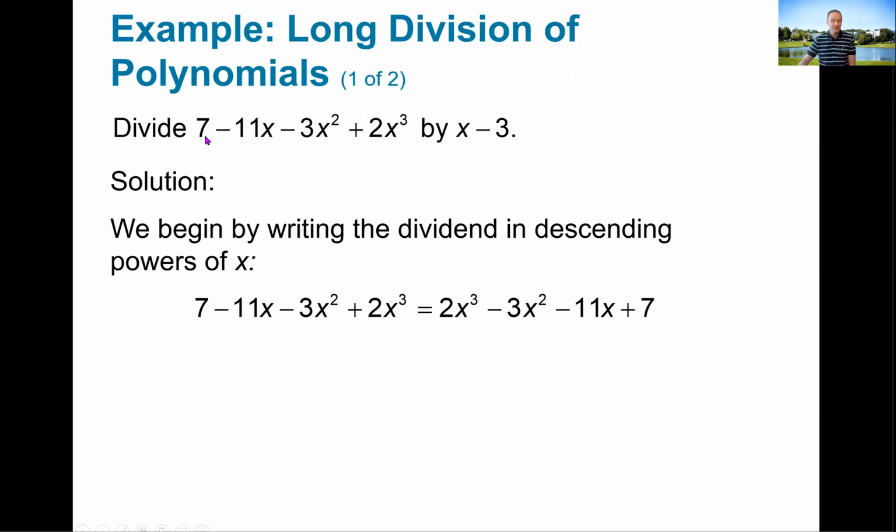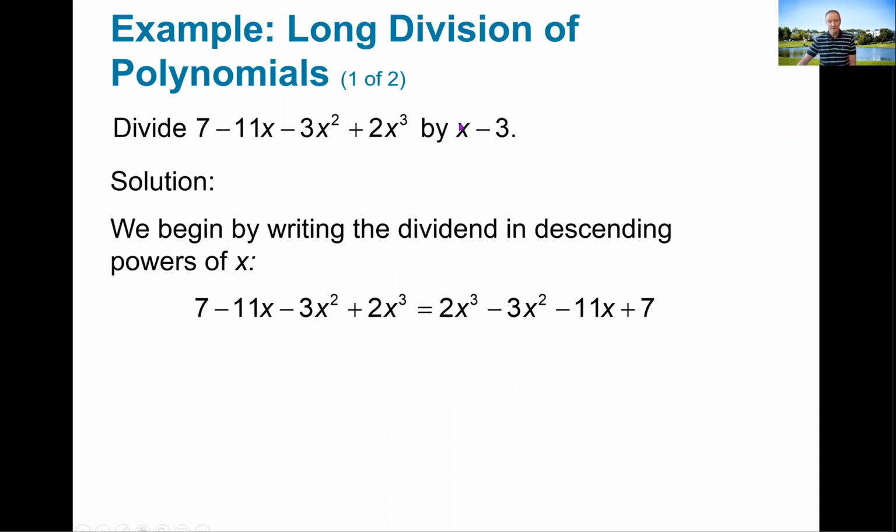Let's say I gave you the polynomial function 7 minus 11x minus 3x squared plus 2x cubed, and I ask you to divide that by the binomial x minus 3. Well, the first thing is, whatever you're trying to divide into, and the divisor as well, both must be in descending order.